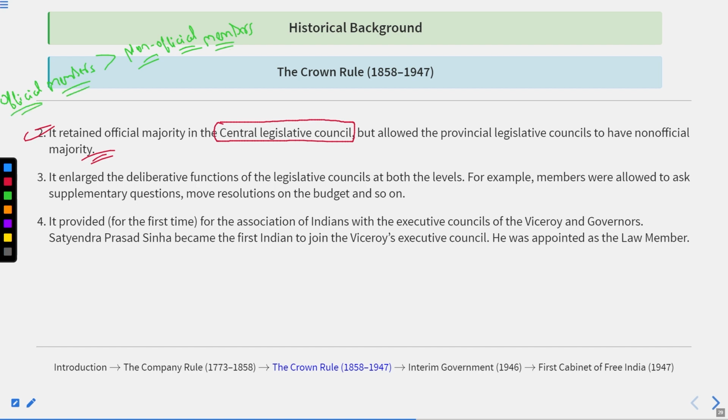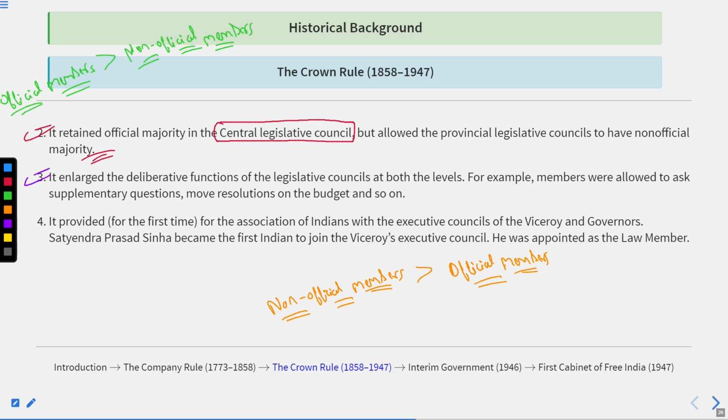But at the provincial levels, non-official members were higher than the official members. So that was a thing.